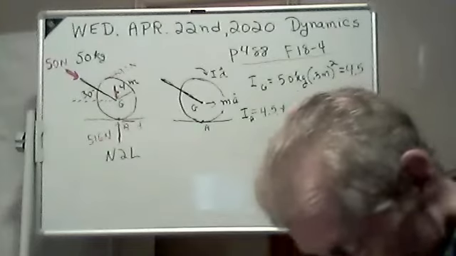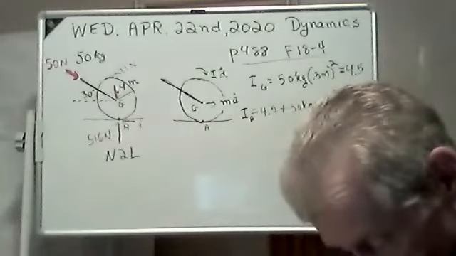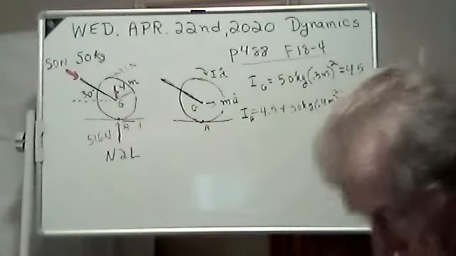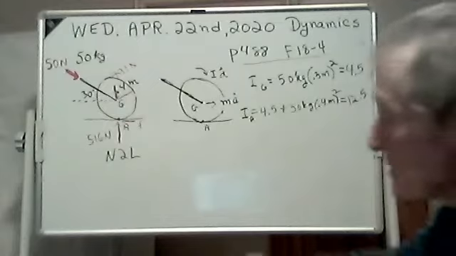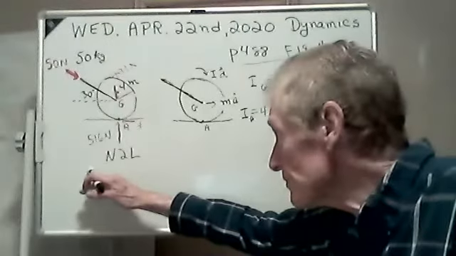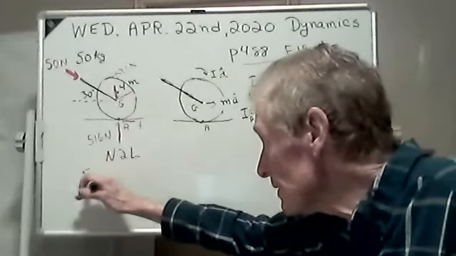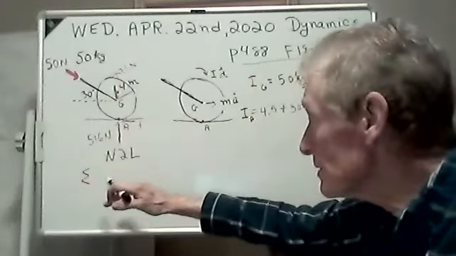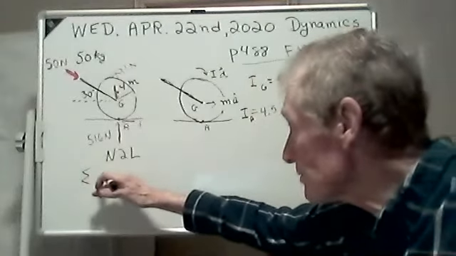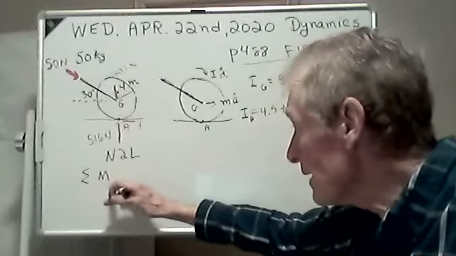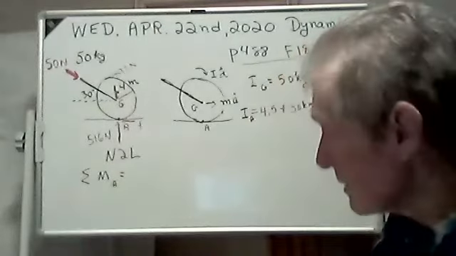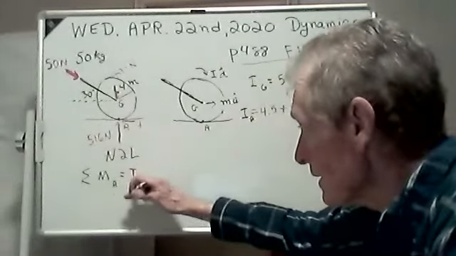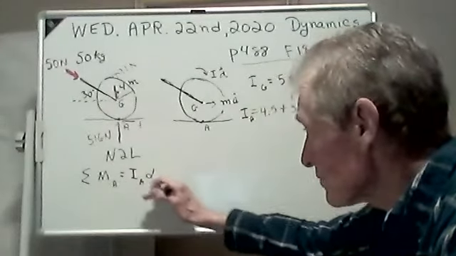Okay, after 10 revolutions, find the angular velocity. That's what we got to do. Well, here's the plan. Newton says if you take the sum of all the moments acting on your body about A, that's going to equal IA alpha if it's rolling.